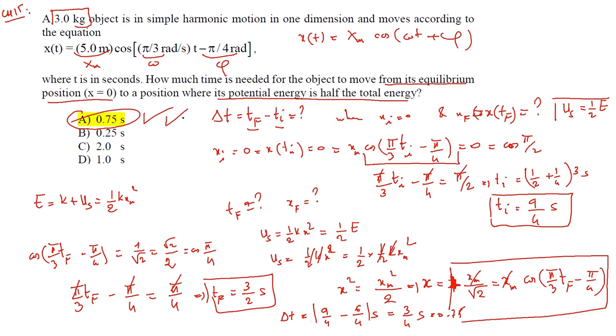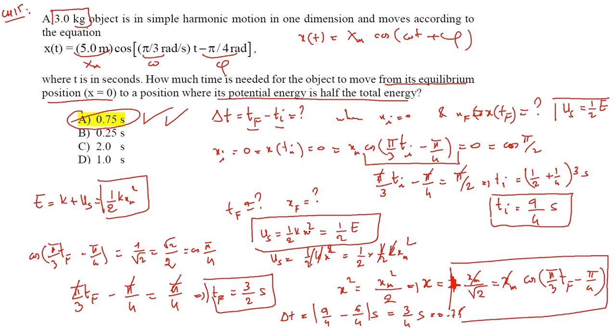So here, the difficult part is not difficult, but is to translate this relationship: the potential energy is half of the total energy. You know that the total energy is constant. So at which position do I have potential energy equal to half of the total energy?